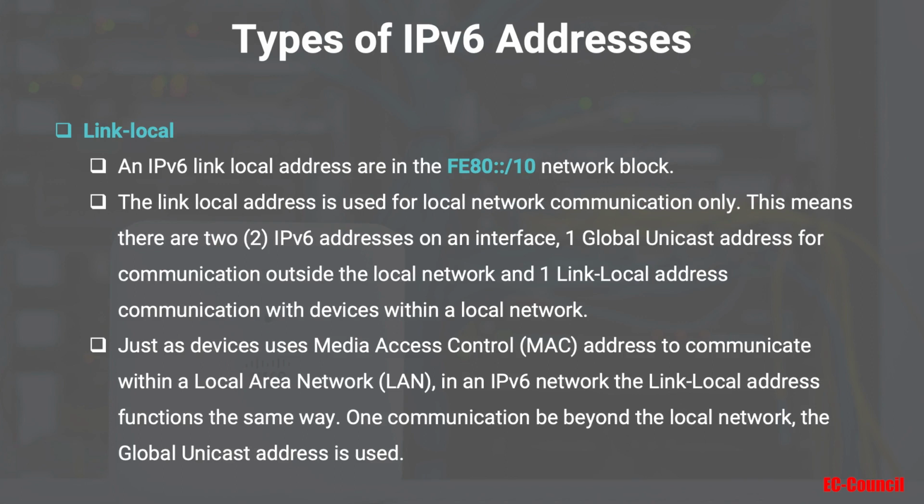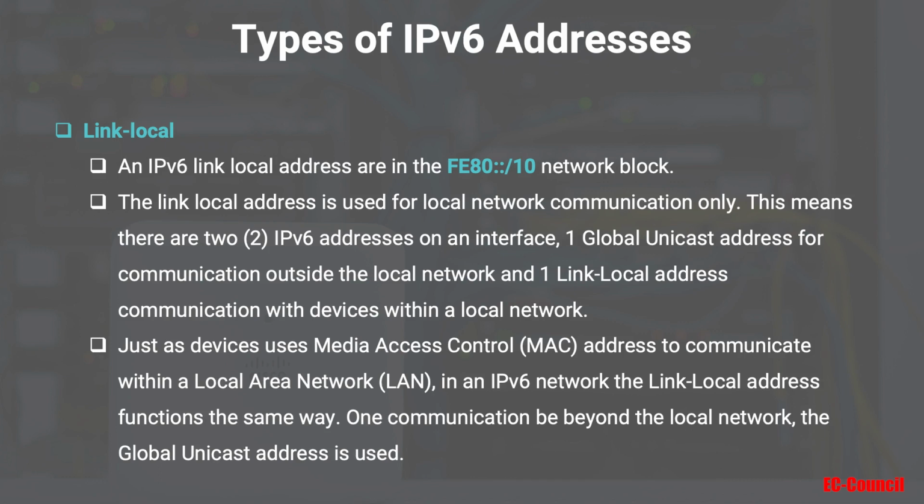Another type of IPv6 address is known as a link local address. The IPv6 link local addresses are in the FE80::/10 network block. The link local addresses are used for local communication only. This means there are actually 2 IPv6 addresses on a single interface. One address is a global unicast address for communication outside of the local network or outside of the local IP subnet.